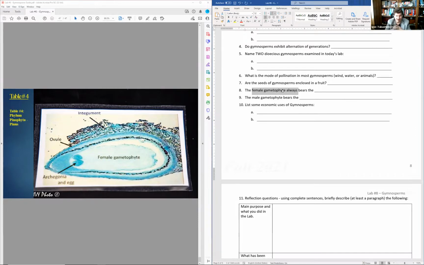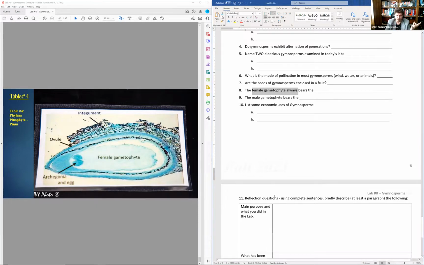Pine trees specifically, or Coniferophyta, are used a lot for building materials. Most of the wood we build with is actually from gymnosperms. And some of them are used for medicine as well. So: food, medicine, construction, ornamental plants, and recreational purposes.